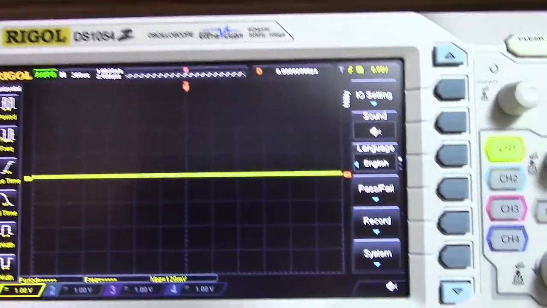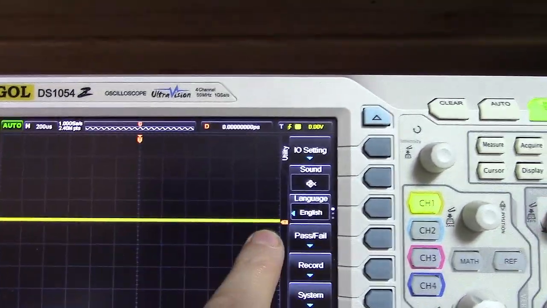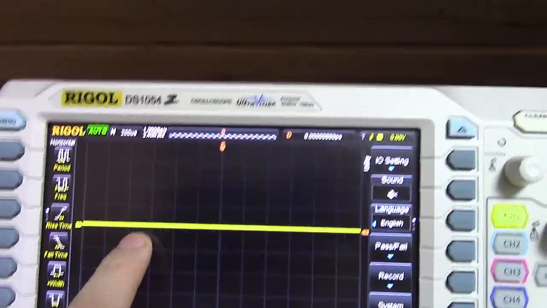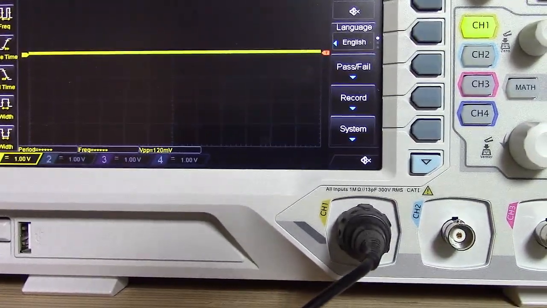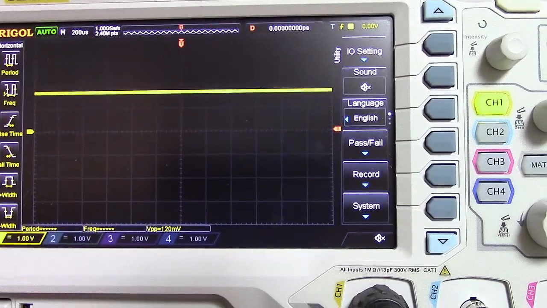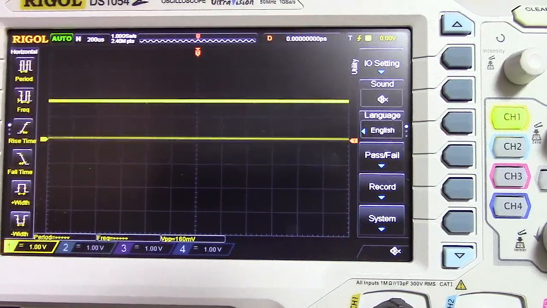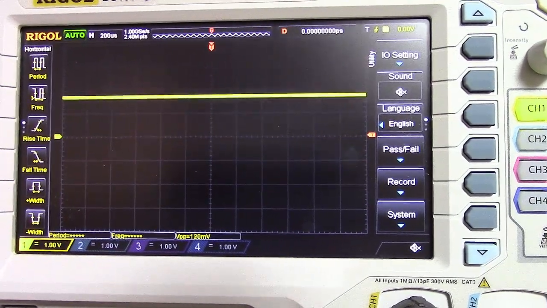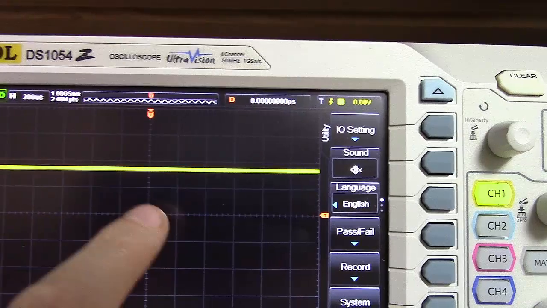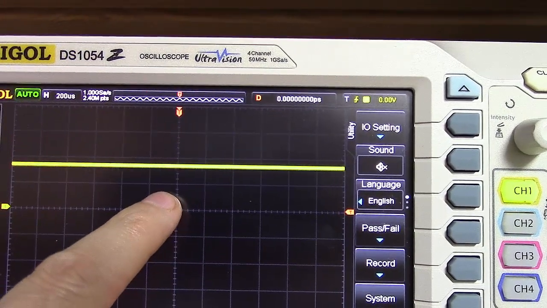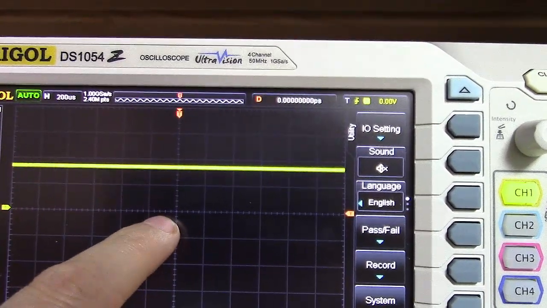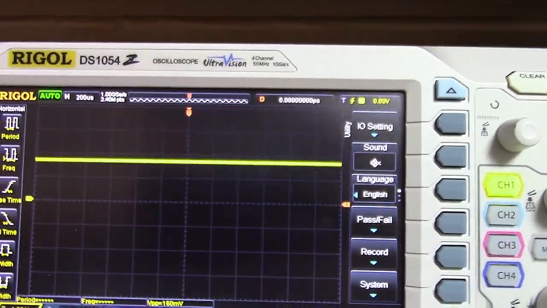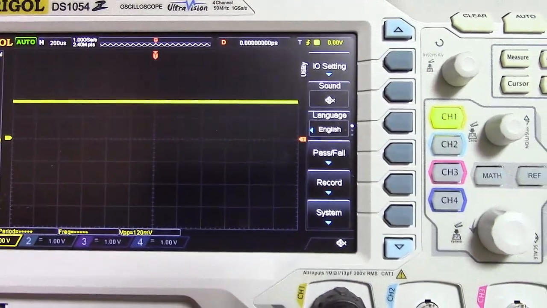If I come up here to a little Rigol oscilloscope that I have, this line represents ground basically. Then when I connect the probe to the wire, it jumped up by a specific amount. It's kind of hard to see the gradients here, but it went up by 1, and then if you did the measurement here, it would be 0.6. So from here to here, it went up 1.6 volts on that scale.